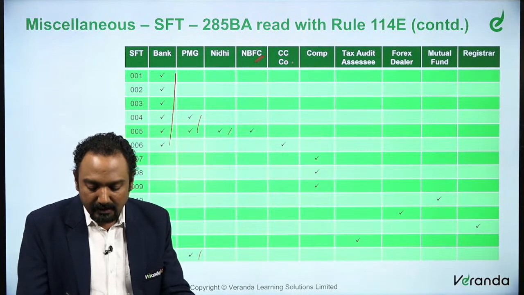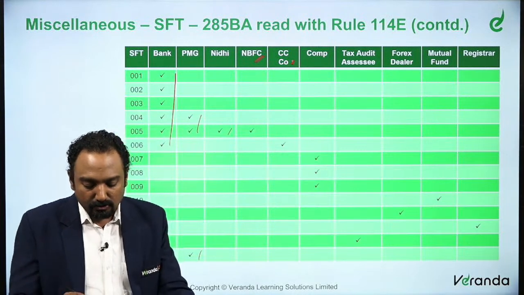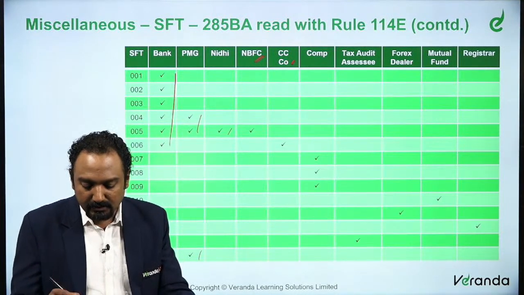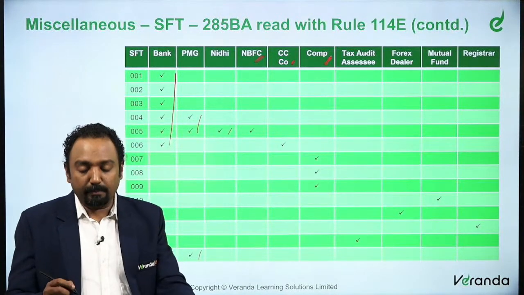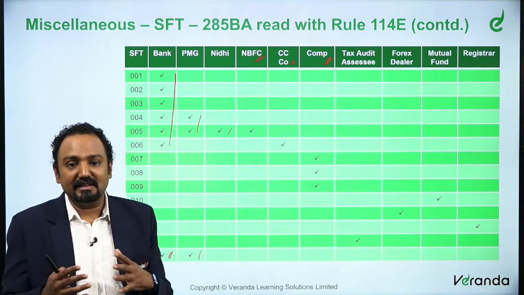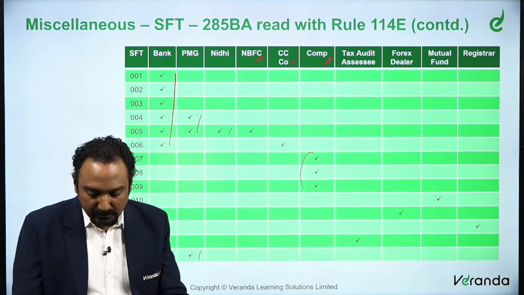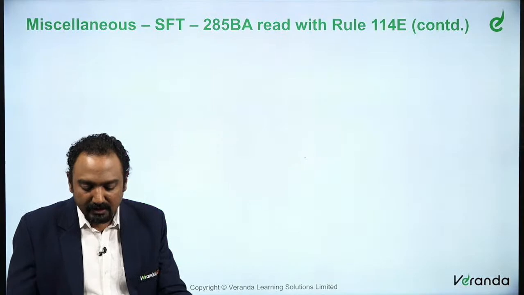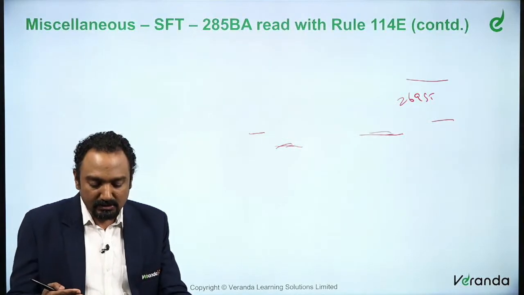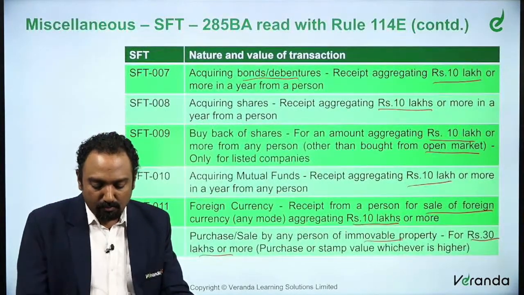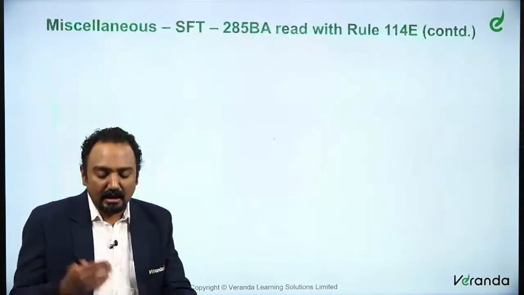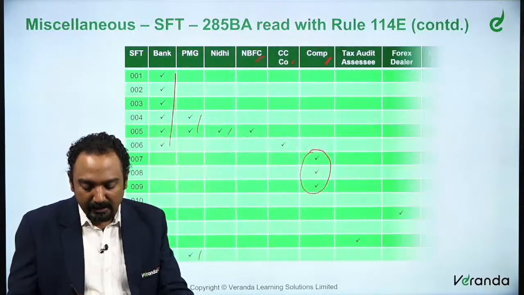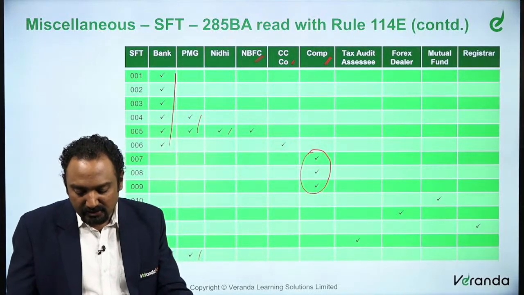Any company should report certain transactions. A domestic company, an Indian company, should report transactions 7, 8, 9. What are those? They are about issuing debentures, issuing bonds, acquiring shares and buyback of shares. These 3 should be reported by the company which is in receipt of the amount.